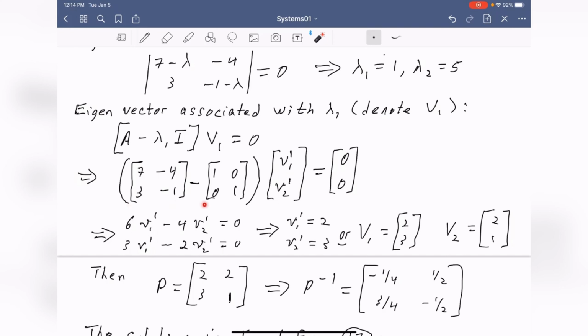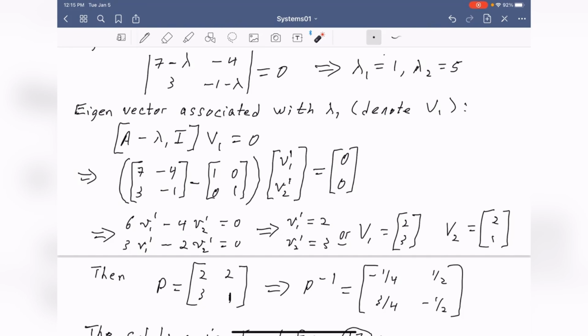We subtract the identity matrix term from the A matrix, post-multiply it by that vector and set it to 0, which gives us 6V11 minus 4V21 equals 0, and 3V11 minus 2V21 equals 0. Two equations, two unknowns. We solve and find that the vector V1 is 2, 3.